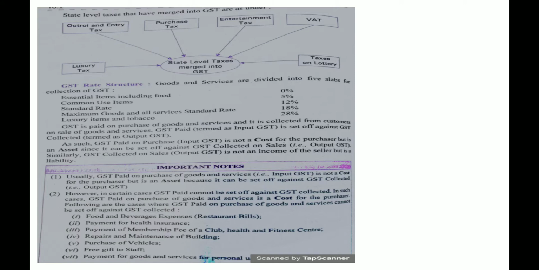As such, GST paid on purchase, input GST, is not a cost for the purchaser but is an asset, since it can be set off against GST collected on sales. So input GST is treated as an asset and output GST is treated as a liability.